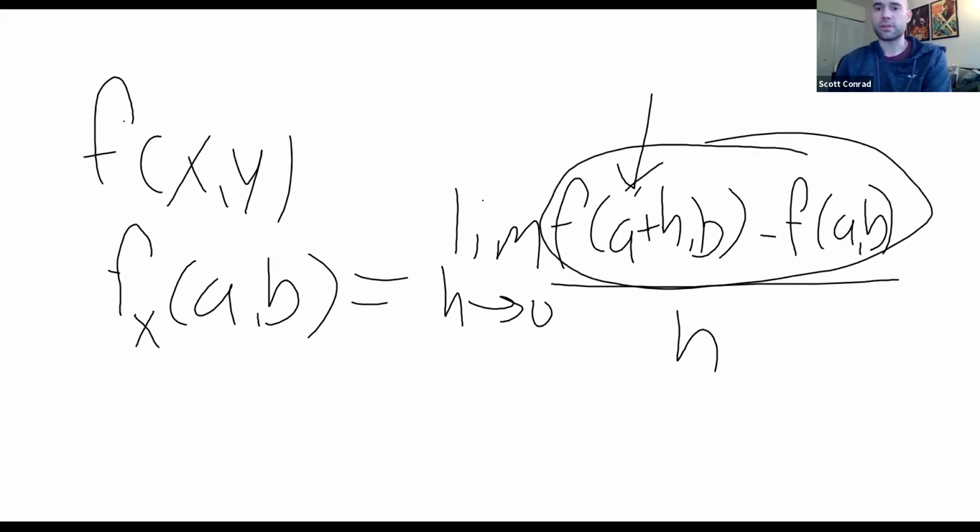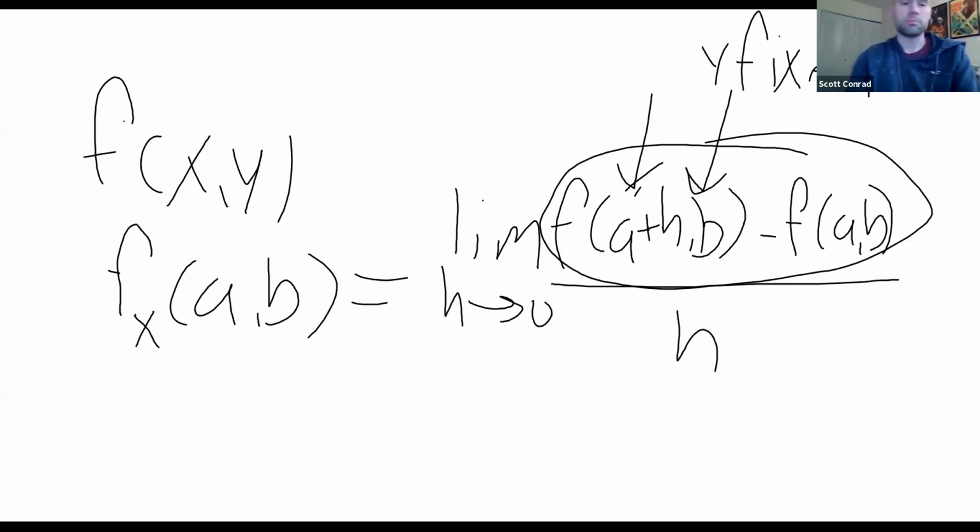So this is the change in the function, and then dividing by how much we changed the x value by, but we're leaving the y value fixed. And this is the partial with respect to x at point (a, b).